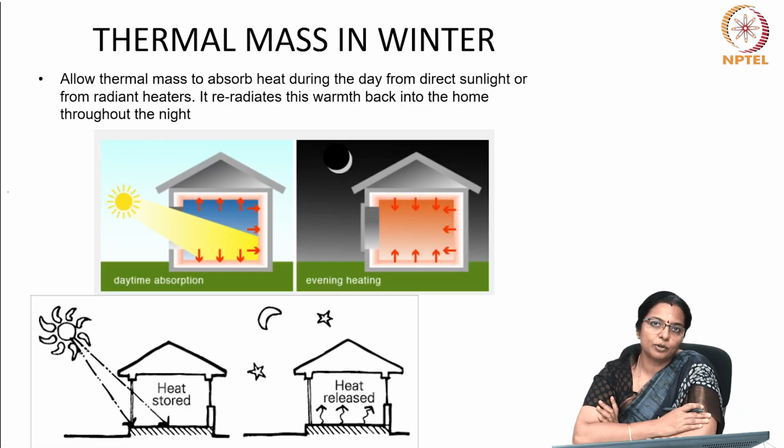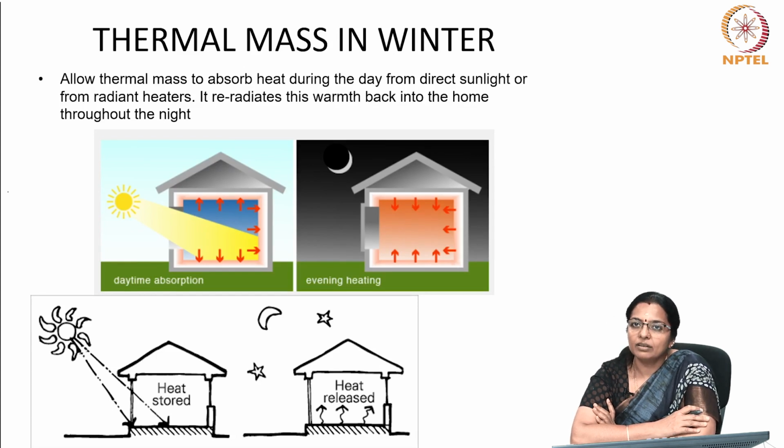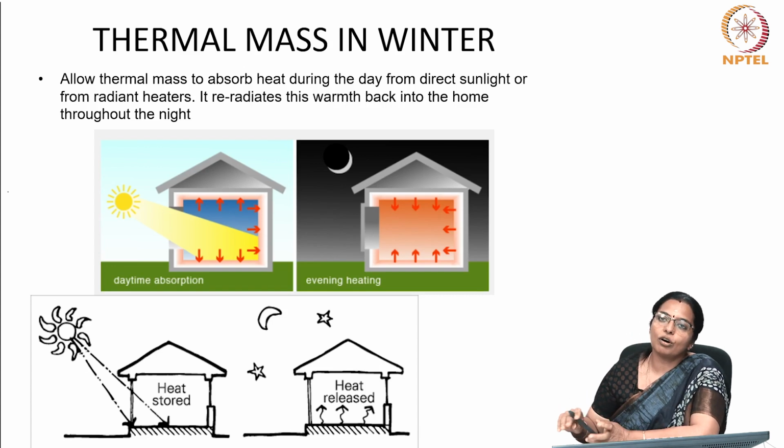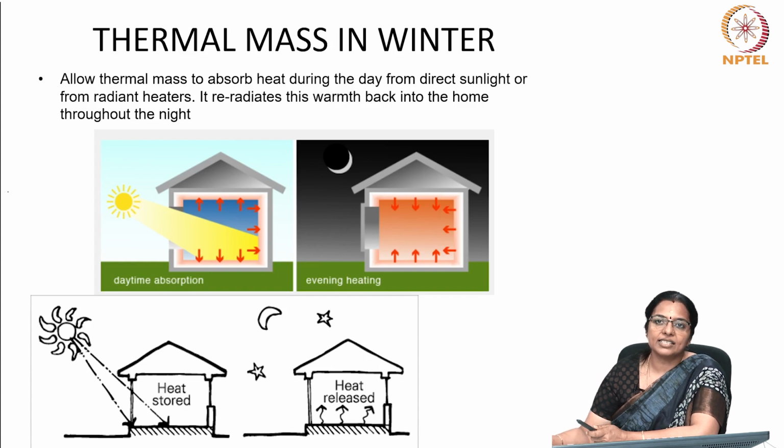What is the concept of thermal mass in winter? So, here you allow the thermal mass to absorb heat during the day from direct sunlight or from a radiant heater. It re-radiates this warmth back into the home throughout the night. By alternately storing and releasing heat, high thermal mass smooths out the extremes in daytime temperature.